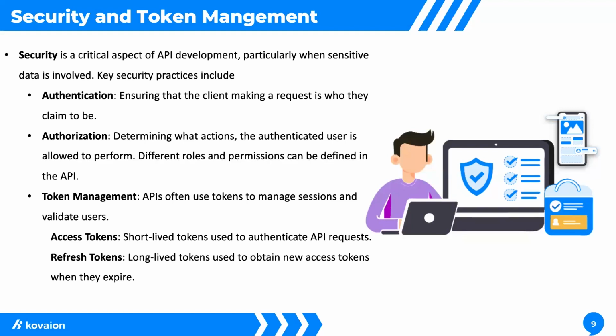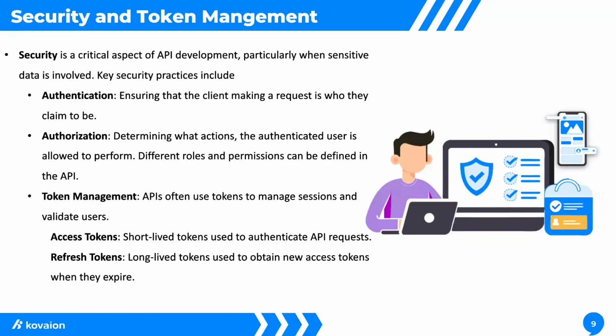In security, as I already explained, authentication and authorization are crucial. When you log into a banking app, you need to enter your username and password. This process verifies your identity to ensure that only you can access your account. Coming to authorization, it determines what actions the authenticated user is allowed to perform.